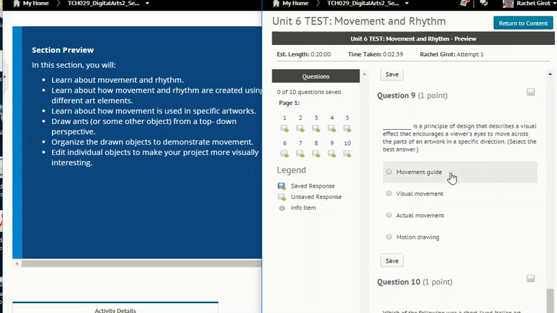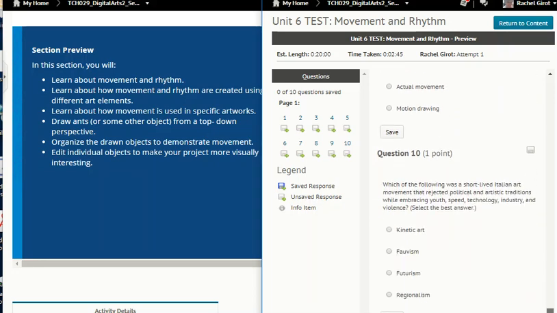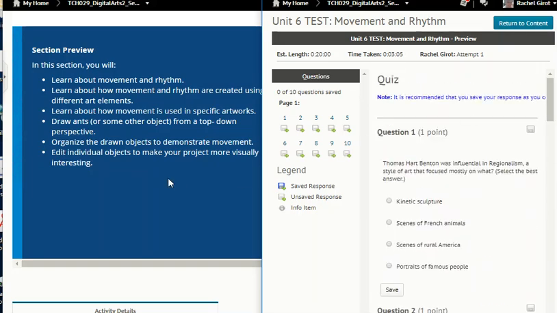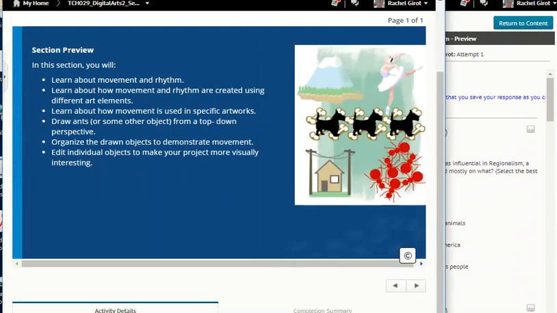Is it movement guide, visual movement, actual movement, or motion drawing? And finally, question 10. Which of the following was a short-lived Italian art movement that rejected political and artistic traditions while embracing youth, speed, technology, industry, and violence? Kinetic art, Fauvism, Futurism, or regionalism? All right, let's start reading and we'll keep our eyes open for answers to those questions.